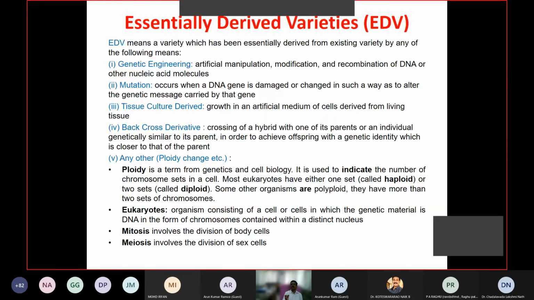Examples are given here. Genetic engineering happens, deriving a new variety. It may be through artificial manipulation or recombination of DNA, nucleic acid molecules. Mutation: through mutation, also, a new gene variety may happen.